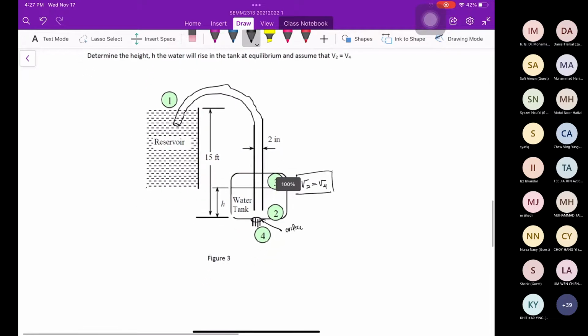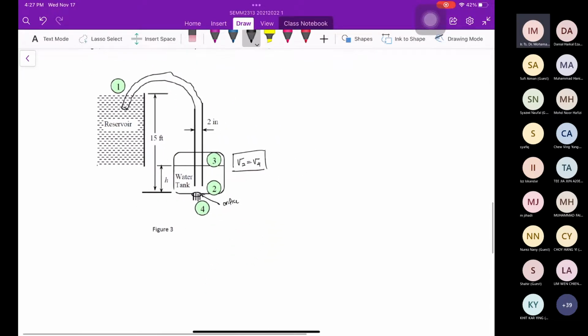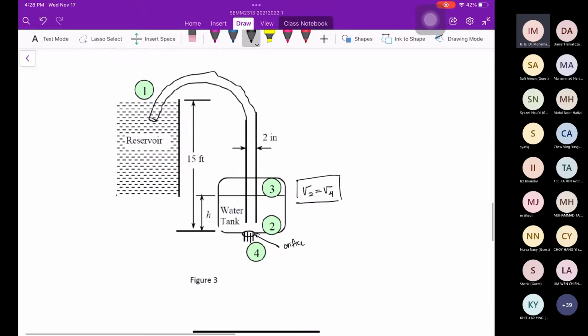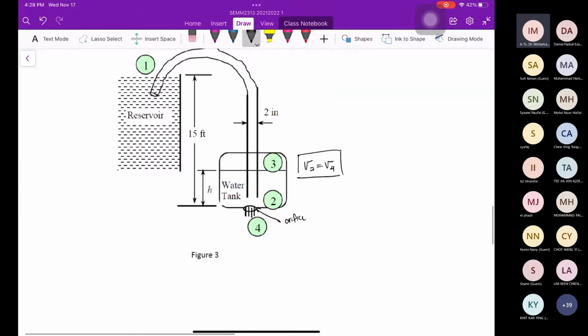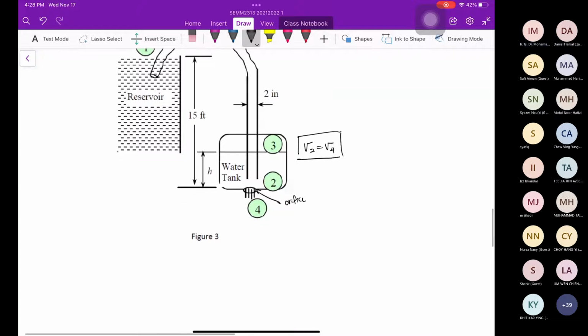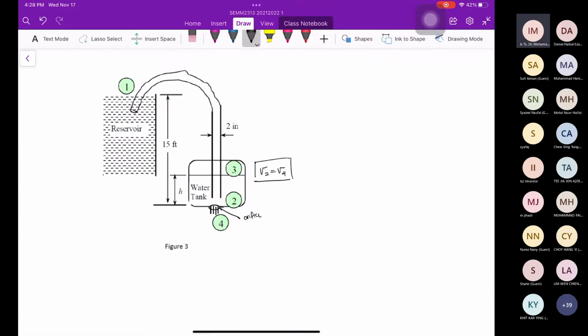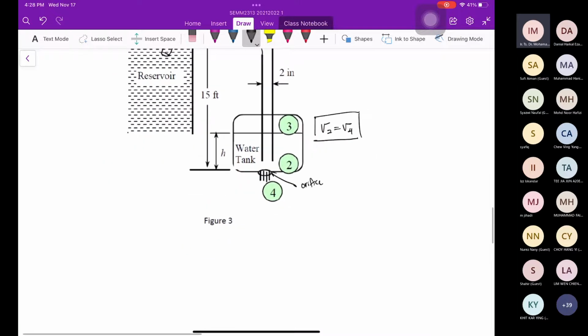So what should I do? First, I try to use the Bernoulli equation because we are dealing with incompressible flow. So I need to find V2 first. How to get V2? I can use the Bernoulli equation at point 1 and point 2.